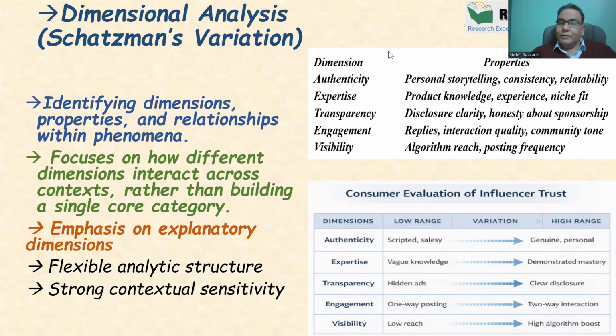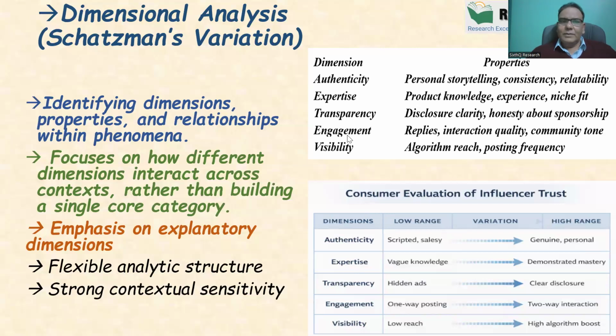If you convert the themes and the keywords into dimensions, these dimensions can be converted into this diagram, like expertise can range from vague knowledge to demonstrated mastery. So you can also say that these dimensions can be measured from this to this. And these are the important keywords measuring the dimension.